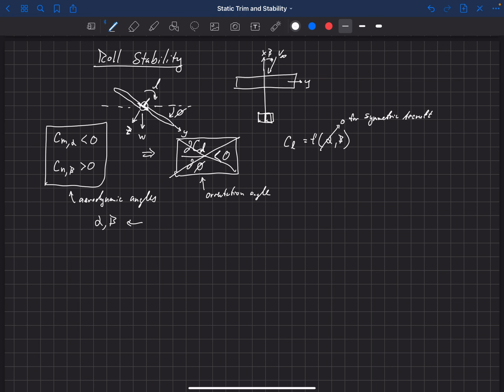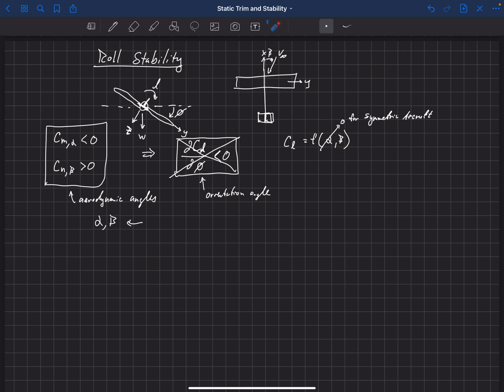So rolling moment does not directly depend on alpha. It could if you were including propellers and things like that, but if we neglect the propulsion system for a moment and just look at aerodynamics, the rolling moment of a symmetric aircraft is basically independent of alpha.